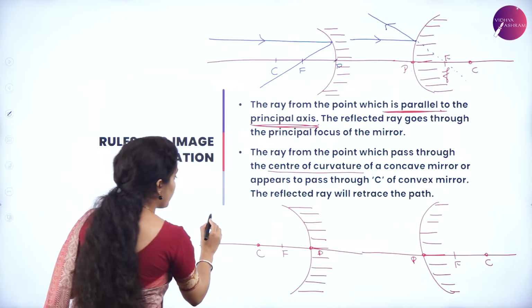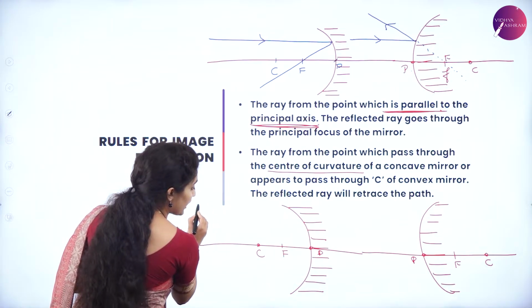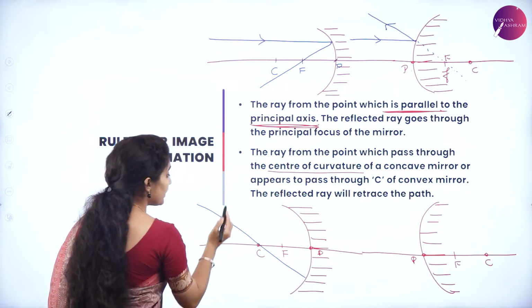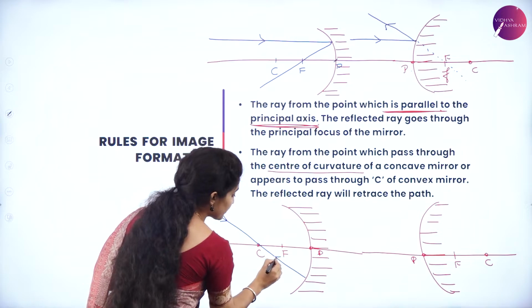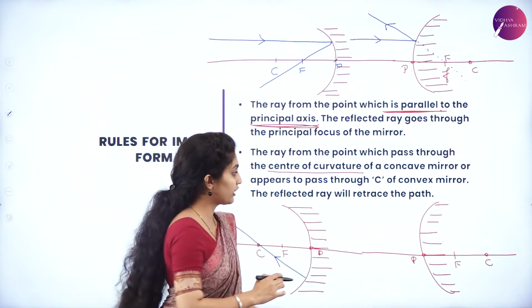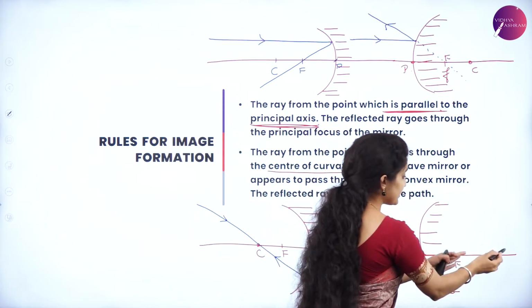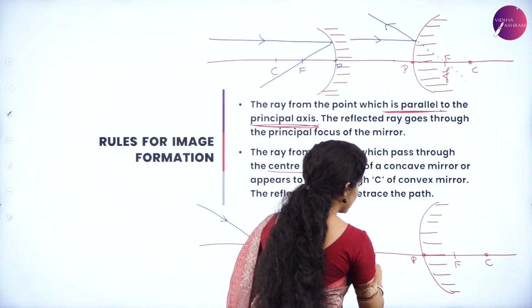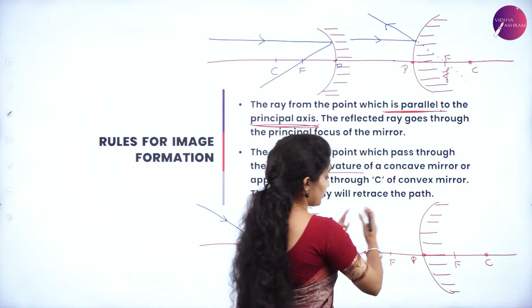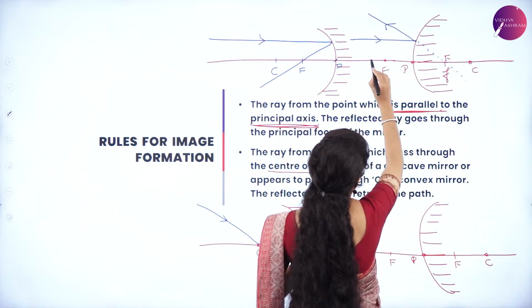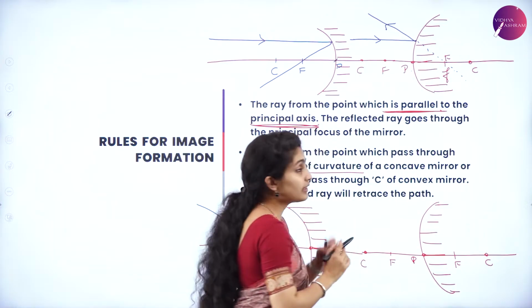When the ray of light passes through the center of curvature, the outgoing ray also traces the path backwards. Similarly, in case of a concave mirror, when there is F and C towards the other end of the mirror, there will be F and C towards the reflecting end of the mirror as well. So you can just consider this as F as well as this as C. It can be in this way also.